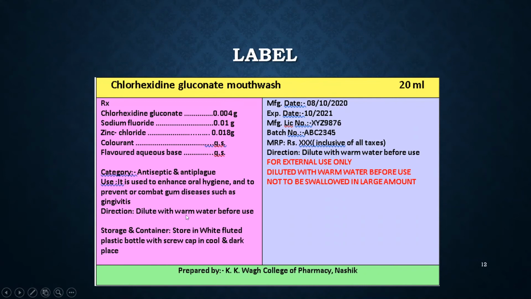Direction is very important, because if the person does not know how to use the mouthwash and uses the concentrated solution directly, that can cause damage to his buccal mucosa. That is the major thing. Storage and container are the auxiliary labeling conditions, and these are the manufacturing details.